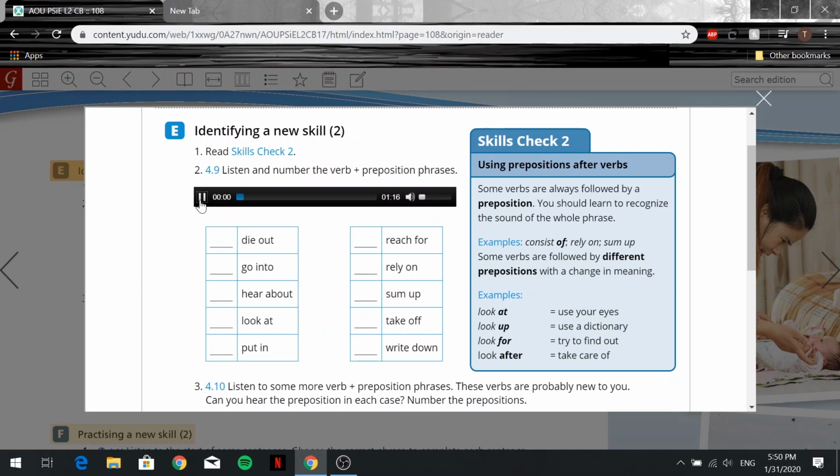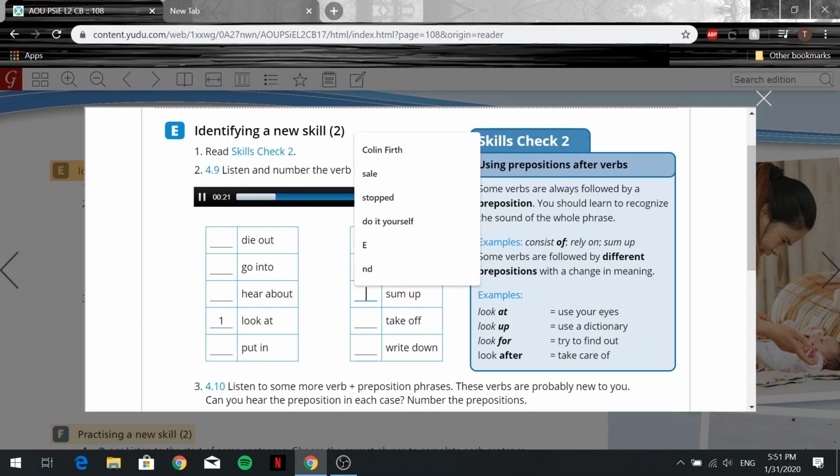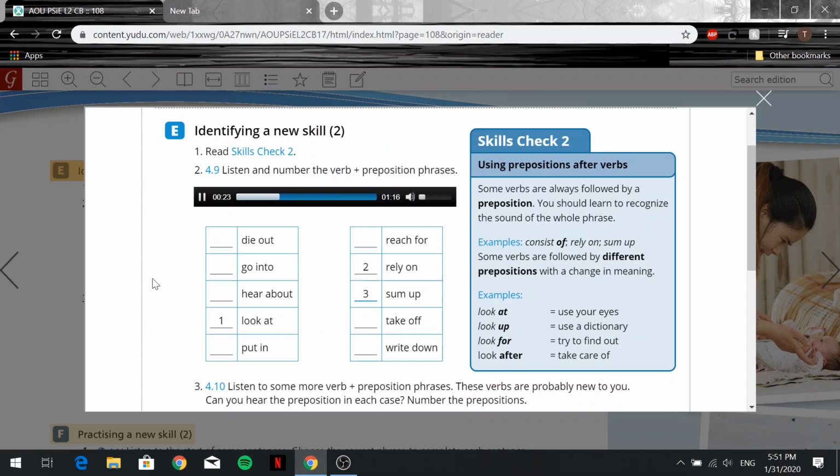Here we go. Track 4.9. 1. Today we're going to look at types of literature. Look at. 2. Children must learn to rely on themselves. Rely on. 3. OK. So, to sum up the problems... Basically, in conclusion, to sum up. 4.